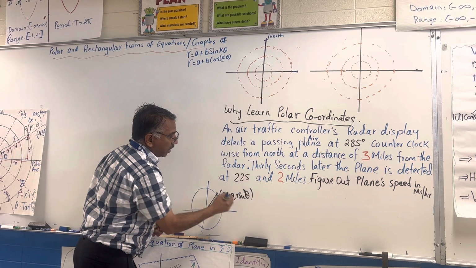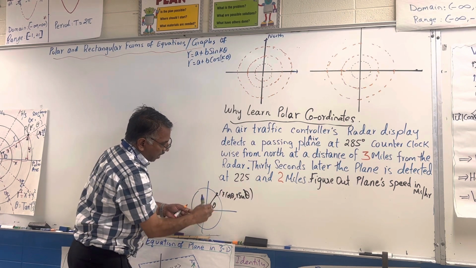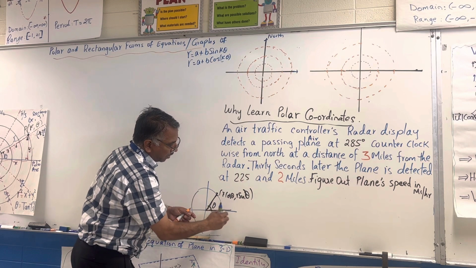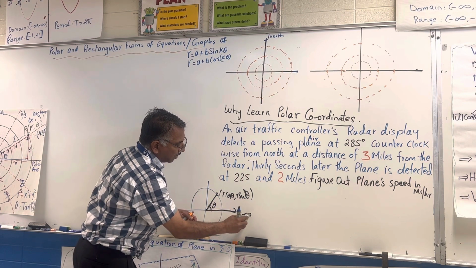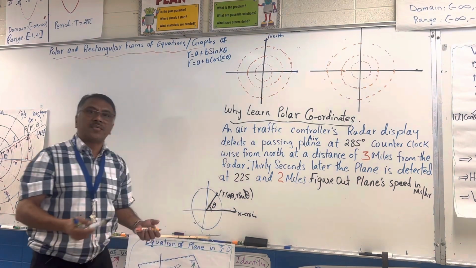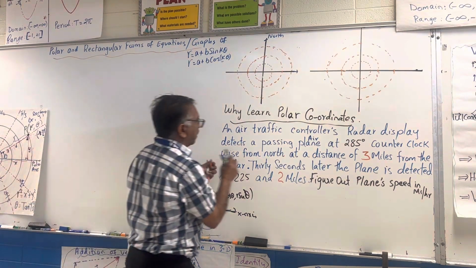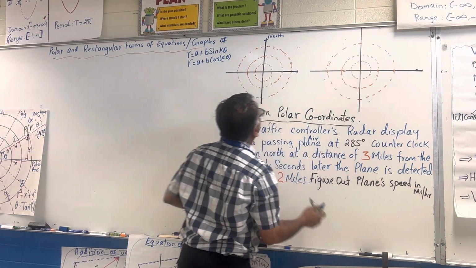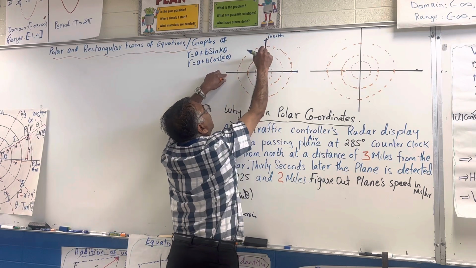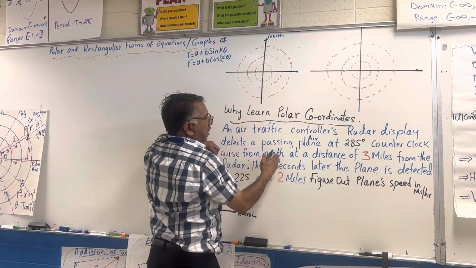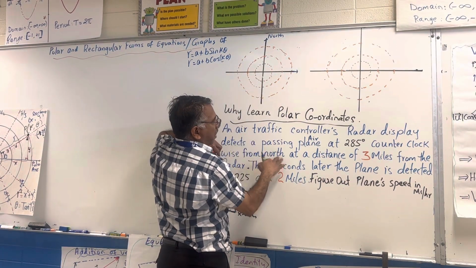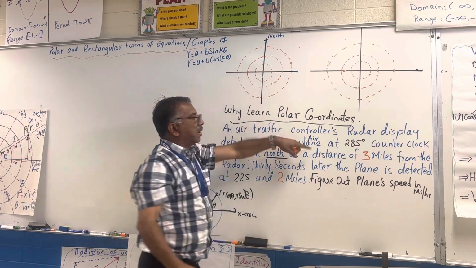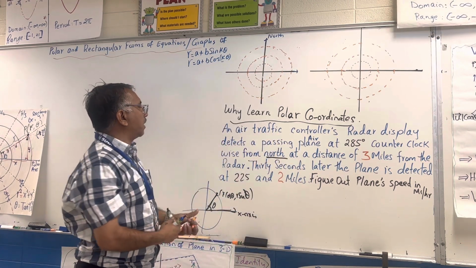So theta basically means how much angle it makes with the x-axis. But here the angle which is given to you right now is 285. That means it is 285 from the north, which is very important, at a distance of 3 miles from the radar.